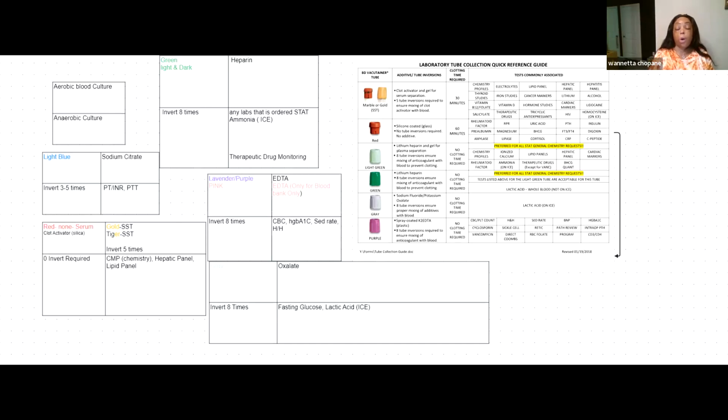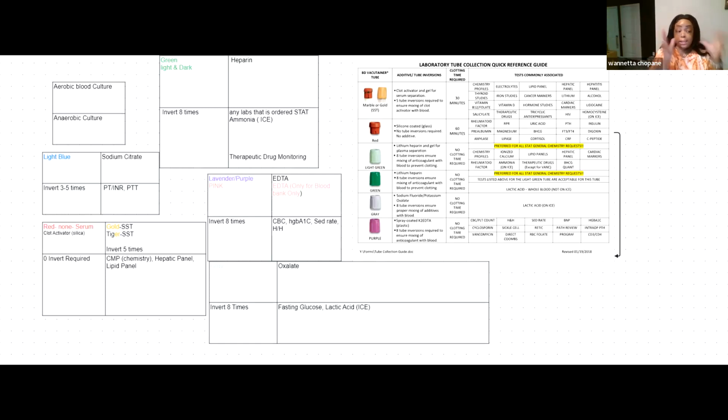As you start getting familiar with the most common tests, if you have a PT, INR, PTT, and it has an L or LAV, you will know the difference, because by now you should know that PT, INR, and PTT are in a light blue top tube.